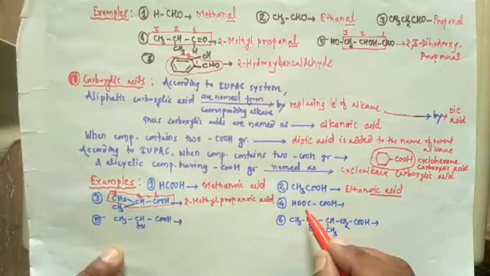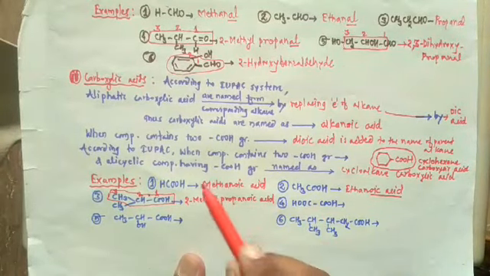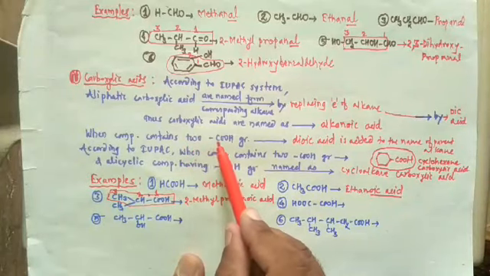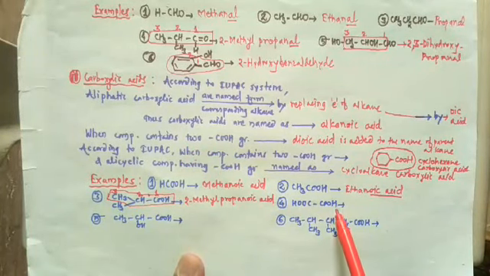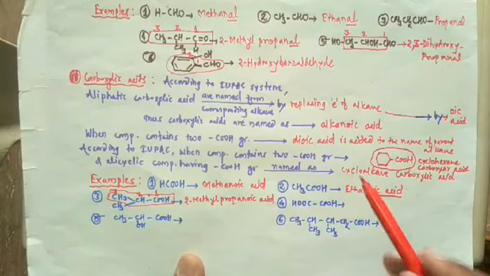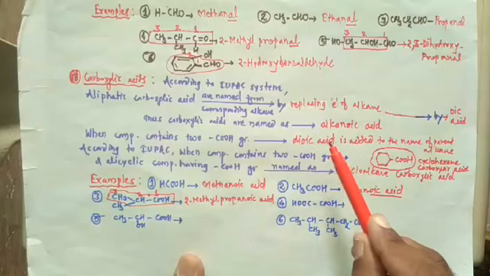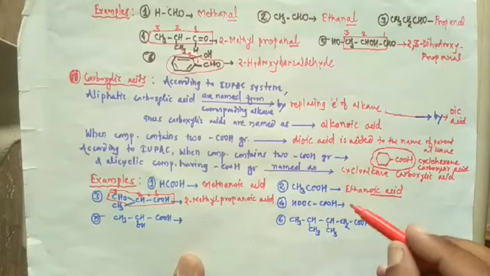Then take this example. This compound contains 2 COOH groups. So when a compound contains 2 COOH groups, we have to write the parent alkane name and the suffix di-OIC acid is added.